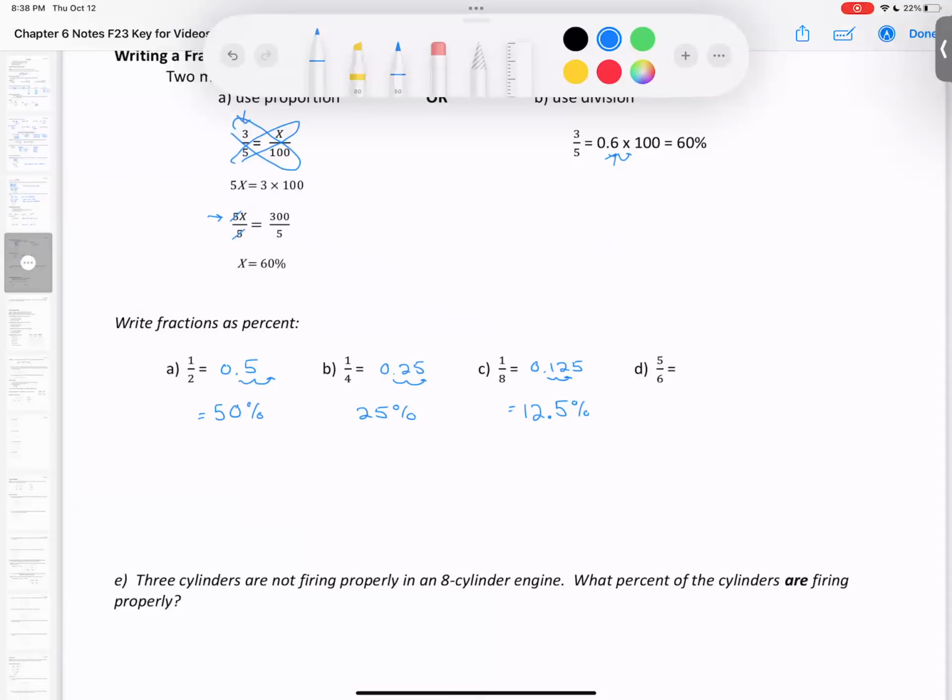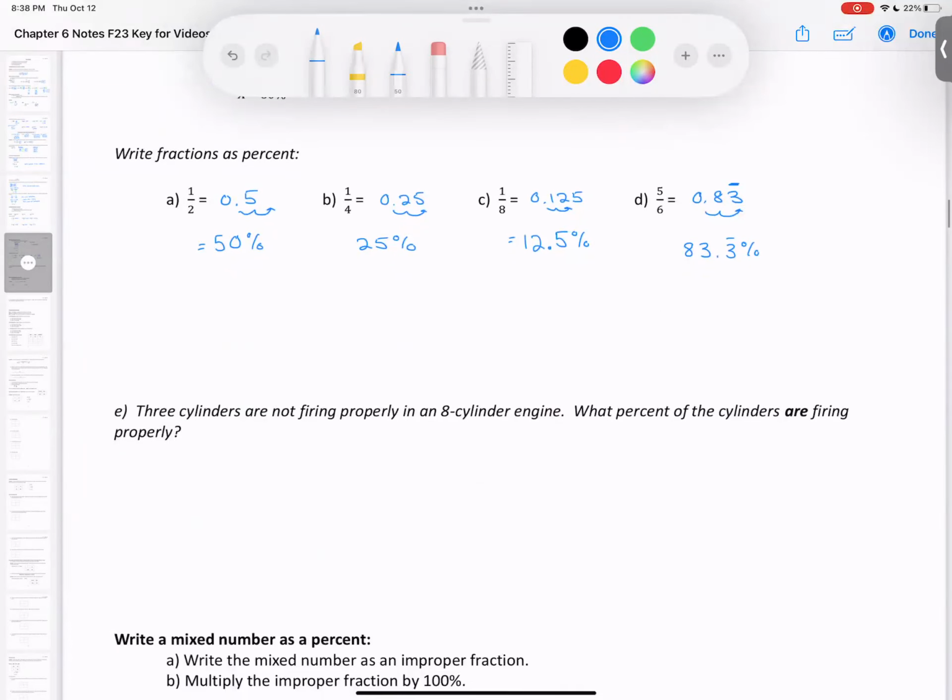And then 5 over 6, so 5 divided by 6, so I get 0.83. I'm going to put a bar there to indicate the 3 goes on forever. So it's 0.833333 forever. And so if I convert that then to a percent, that's going to be 83, or I could do 83.3%.